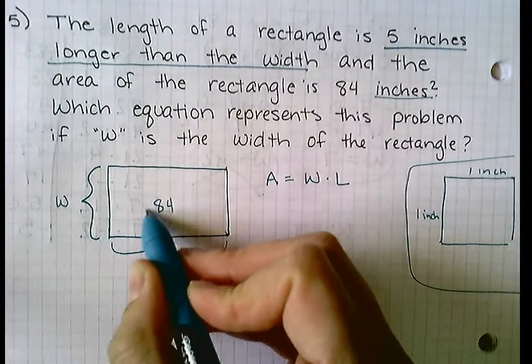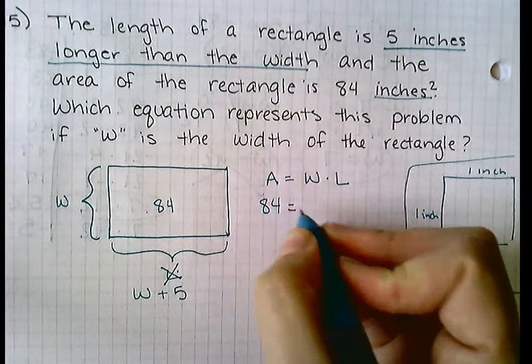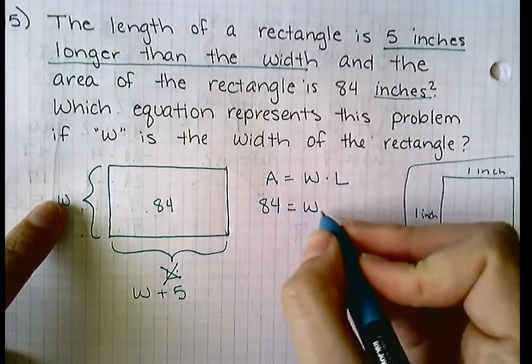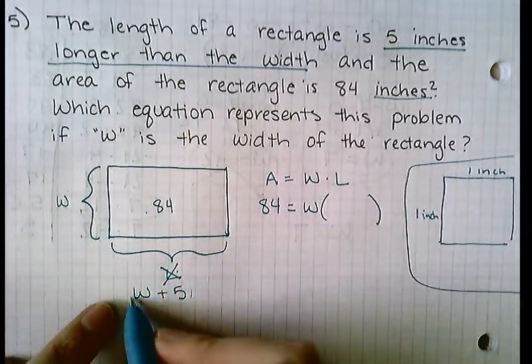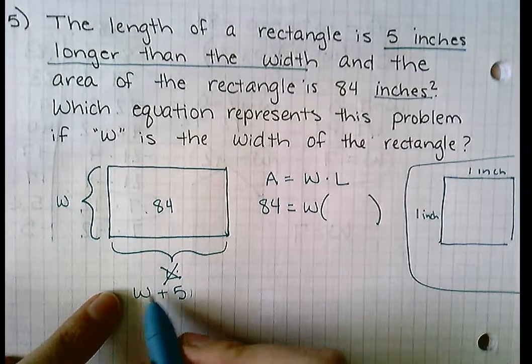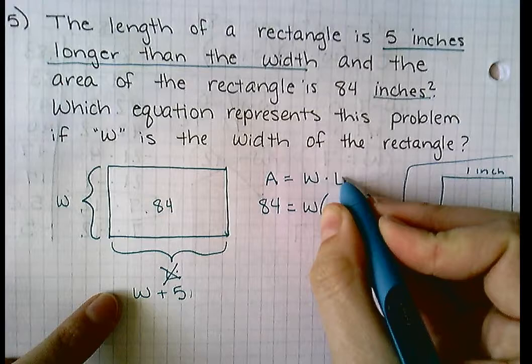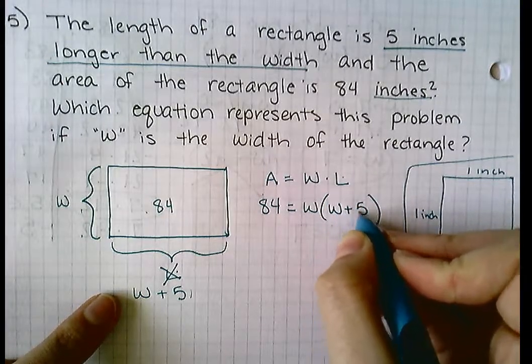The area is 84 inches squared, so that will go right here, is equal to the width, which we're representing with W, times the length. And the length we're representing with the expression W plus 5, because the length is 5 inches longer than the width.